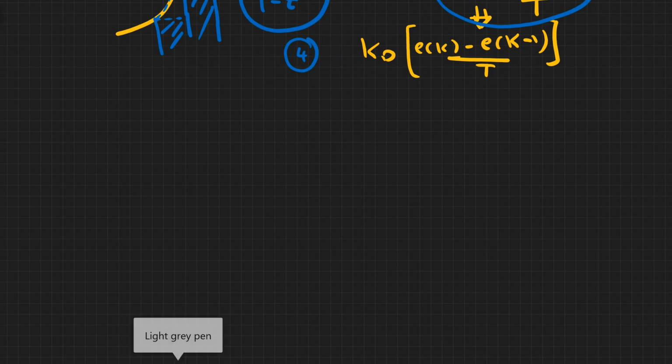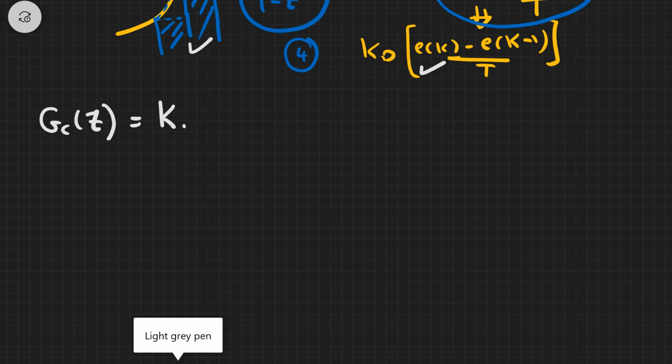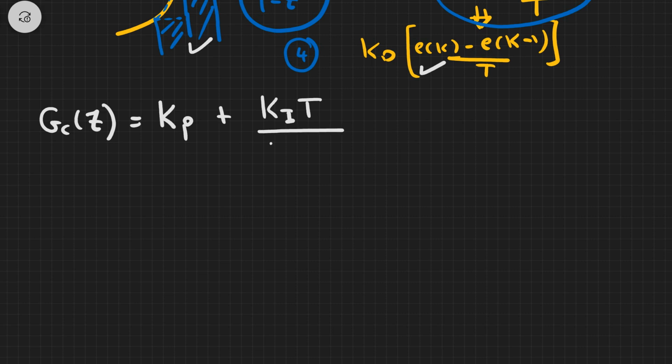So if we consider the simplest of those forms, the one that uses the rectangular integration and first order differentiation, you will find that the transfer function is going to be Kp plus Ki times T divided by 1 minus Z inverse, plus Kd over T multiplied by 1 minus Z inverse.